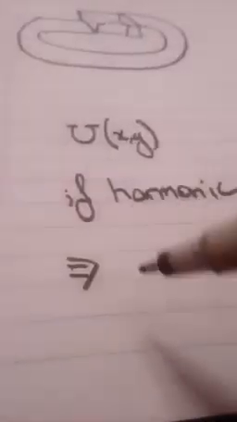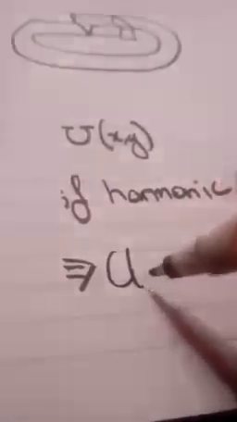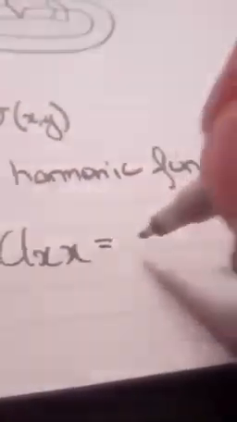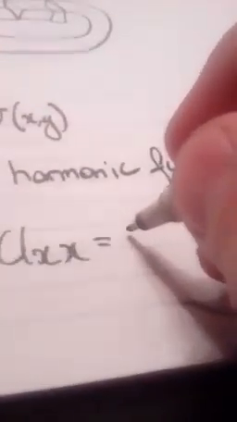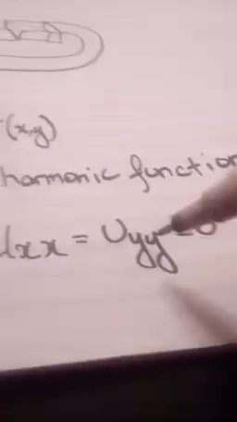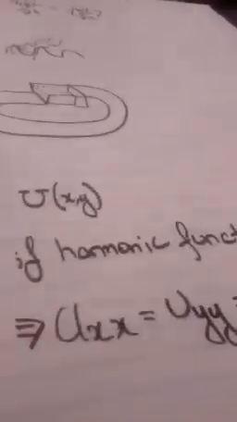So I'm going to get the slope here, u x, which implies u xx, which is the slope of the slope, equals u yy equals 0. So this is what should be happening. In other words, the slope in both directions equal each other, which means that we don't have the Inception type of staircase.